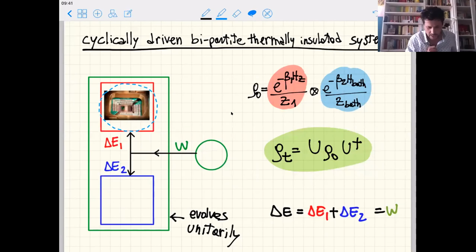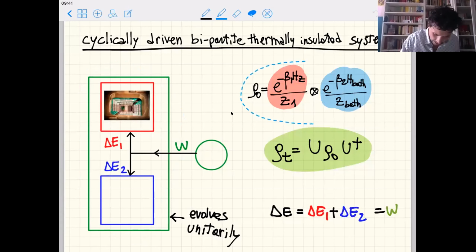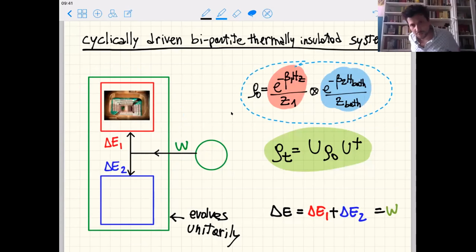And we are applying some time-dependent driving on the chip, but we can also see this time-dependent driving as being applied to the whole big box there. And on top of that, this bipartite system starts its evolution in a state which is a tensor product of two thermal states at different temperatures, and it evolves then unitarily.